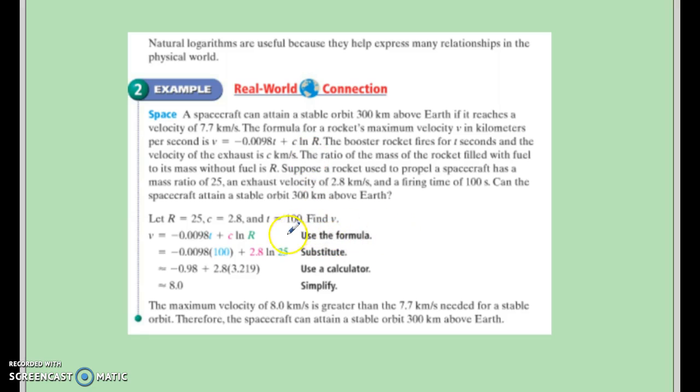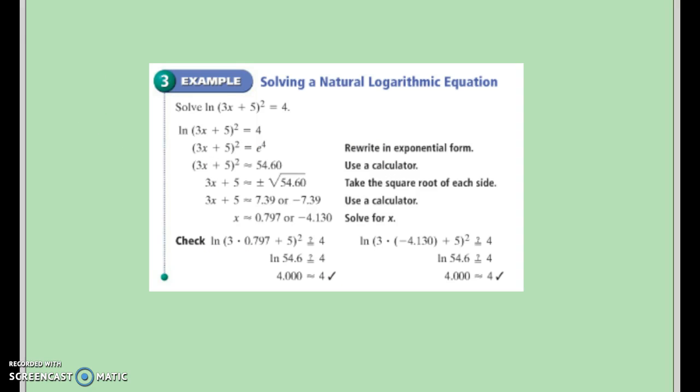I use the formula I'm given, substitute those values in, and use my calculator. Remember, I use my natural log, because that's what I'm given, and I simplify to approximately 8. So I find that the maximum velocity is greater than the 7.7 that's needed, so yes, my spacecraft can attain a stable orbit.